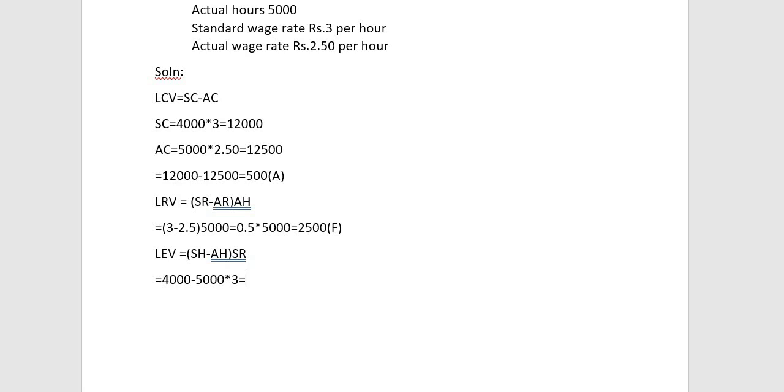So 4000 minus 5000 is minus 1000, into 3, that is minus 3000, which is an adverse variance.